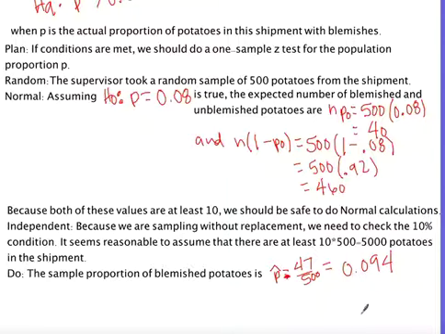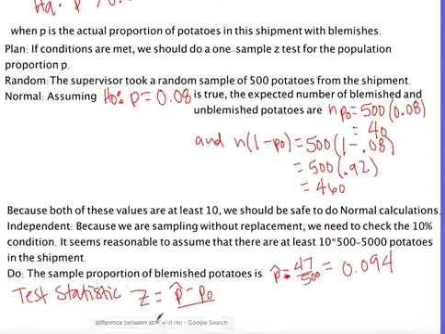So now we're going to use this p hat in our test statistic. So our test statistic is going to be z equals p hat minus p0 over the square root of p0 times 1 minus p0 all over n.